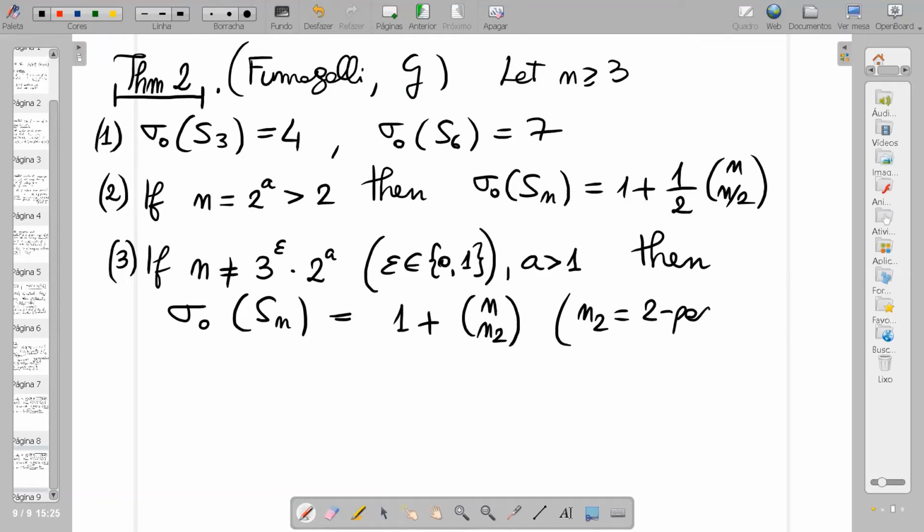The 2-part of n is the largest power of 2 dividing n.